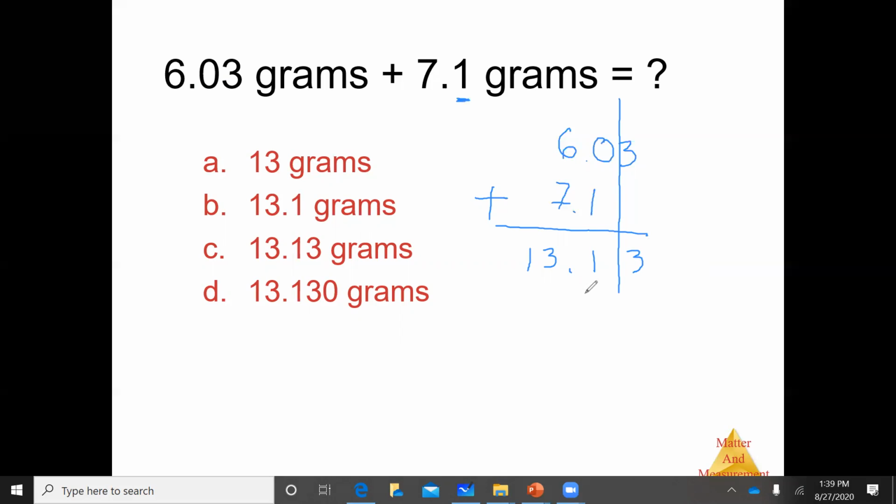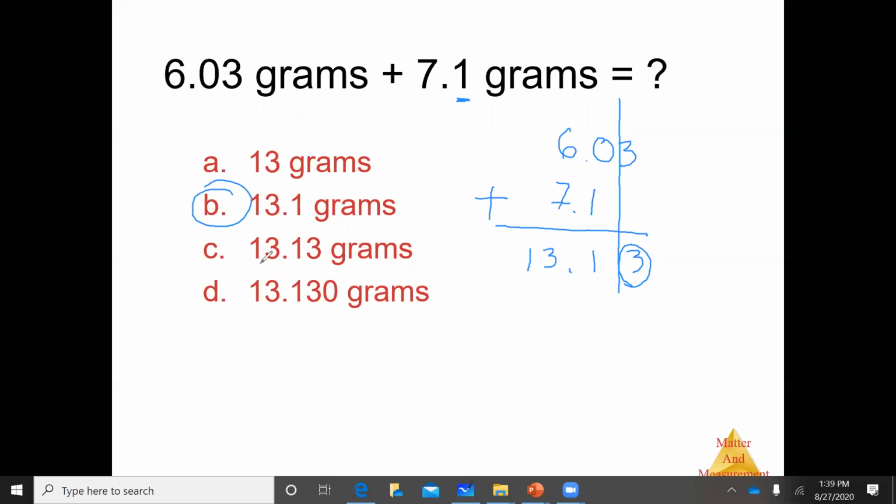So I can only have 1 decimal place. That means that the 3 has to get dropped. So this is where rounding comes in. You take the number that's getting dropped, and it will either tell the next number that's staying to go up or to stay in place. If we're 5 and up, we round up. If we're 4 and 0, we stay in place. So this final answer would end up being 13.1 grams.